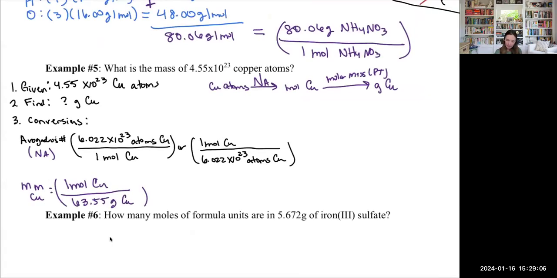So that's another conversion factor, or 63.55 grams of copper for every 1 mole of copper. Okay, which do I use? It depends where I'm converting from and to. So before I start writing down conversions below my solution map.